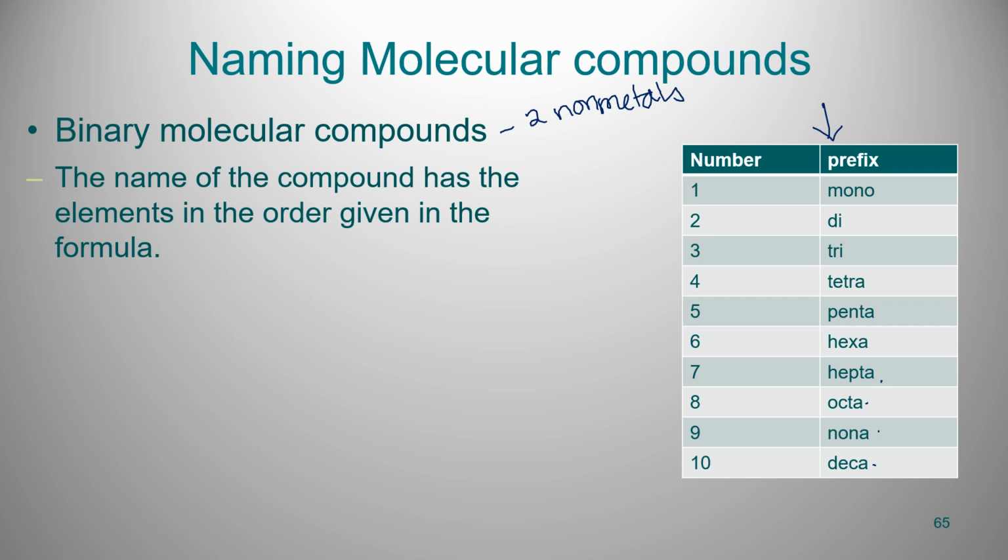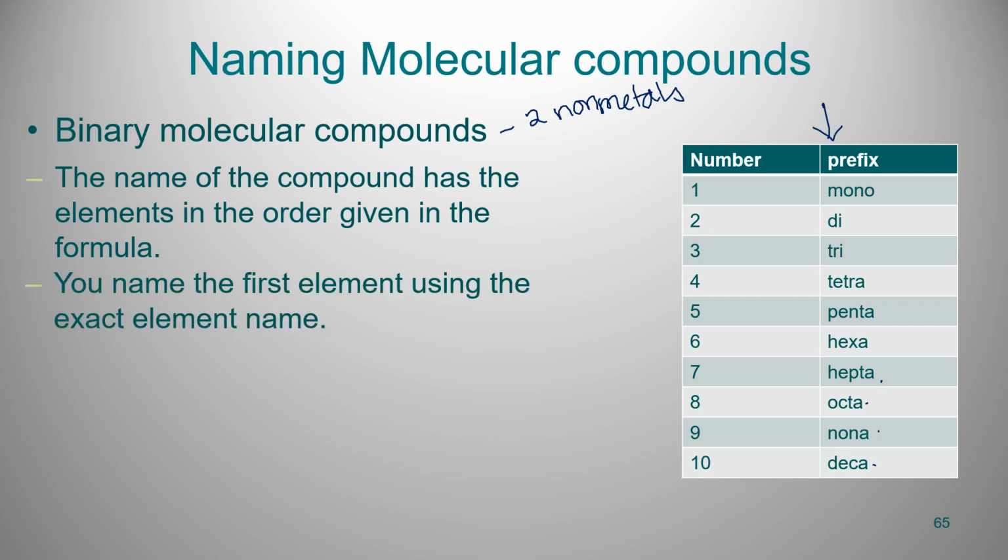So what we do is we name the compound. The name of the compound has the elements in the order given in the formula. Generally speaking, the first one is the most metallic, but don't worry about that. They'll pretty much be in the order given. So you just name the first element using the exact element name.